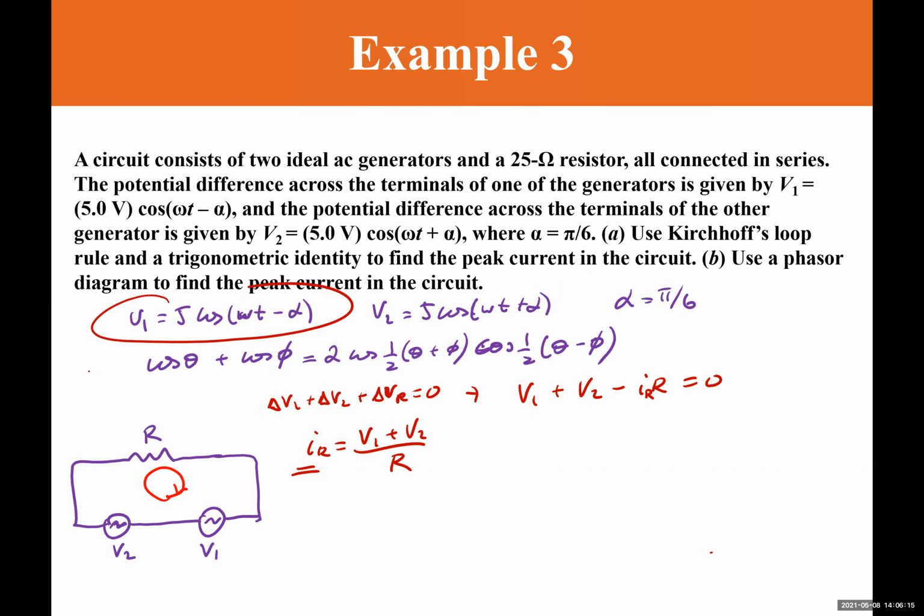So the current is going to be equal to V1, which is 5 cosine omega t minus alpha, plus 5 cosine omega t plus alpha, and then this is divided by the resistance, right? So let's say 25 ohms.